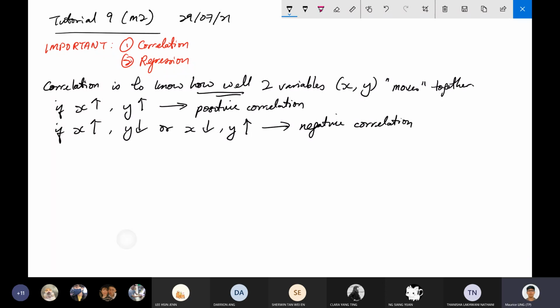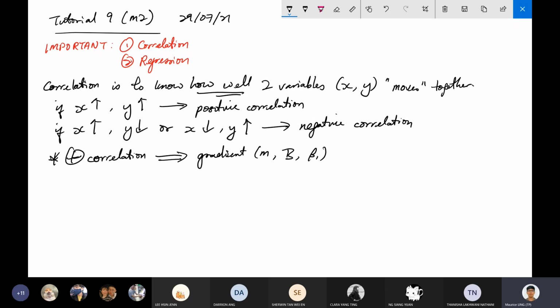Okay. Then if it is a positive correlation, it also means that the gradient, in this case the gradient is m. We can also use the symbol b, or the symbol beta.